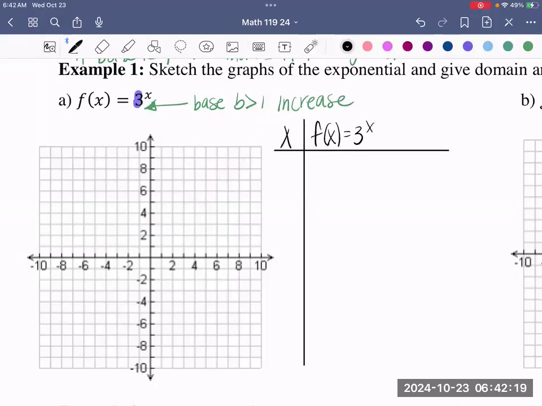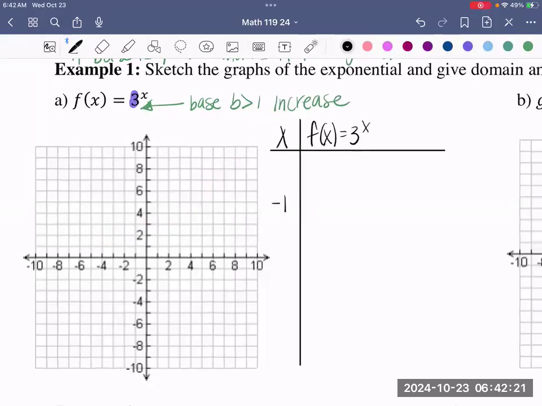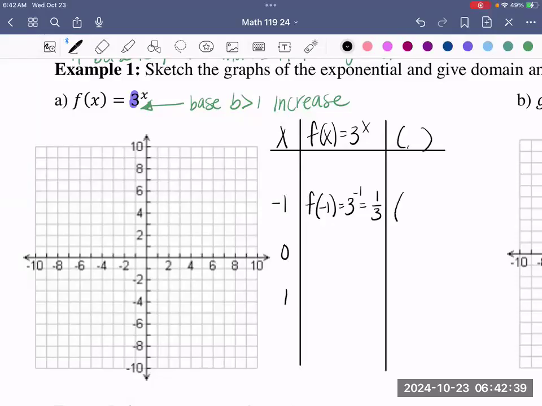So let's just do -1, 0, and 1 to start. f of -1 is equal to 3 to the -1. Well, this is really just 1/3. If you have a negative exponent, it's now 1/3. So we have the coordinate (-1, 1/3). f of 0, 3 to the 0, is equal to 1, so (0, 1).